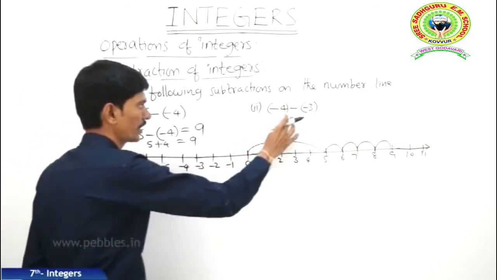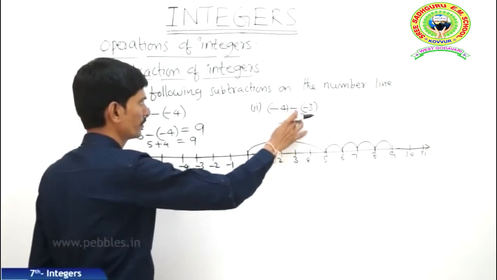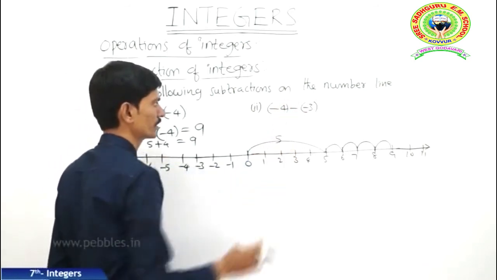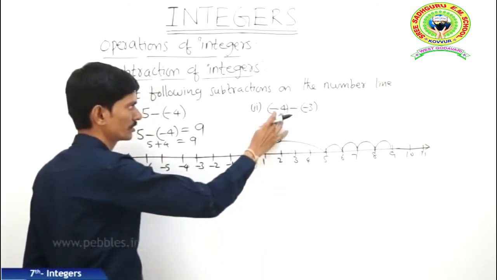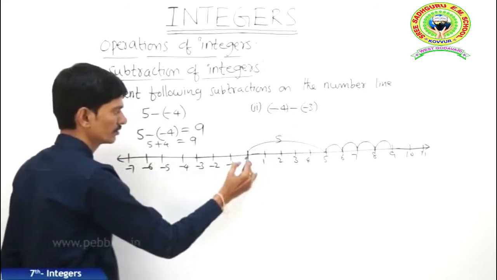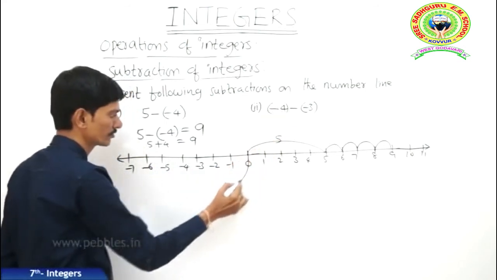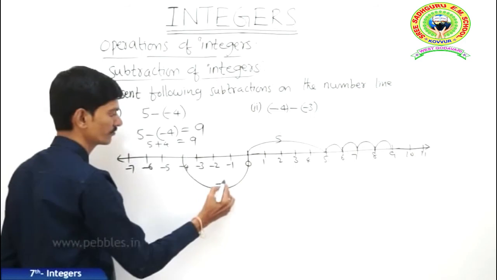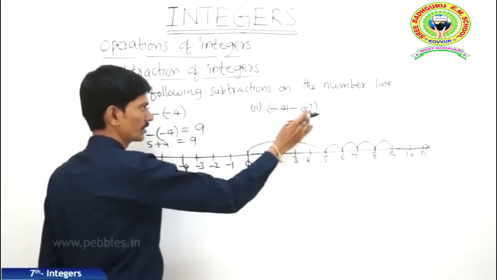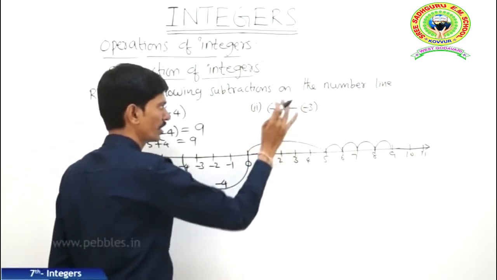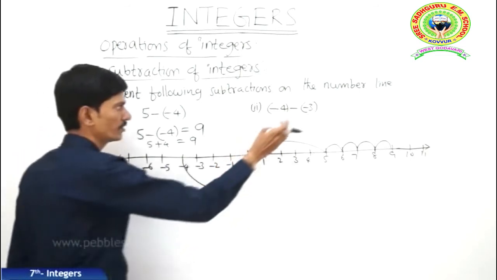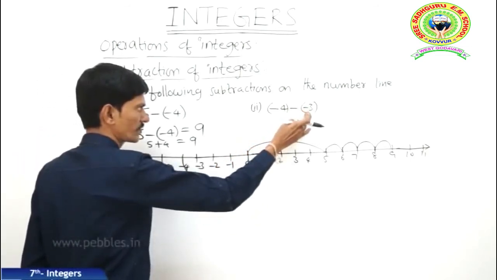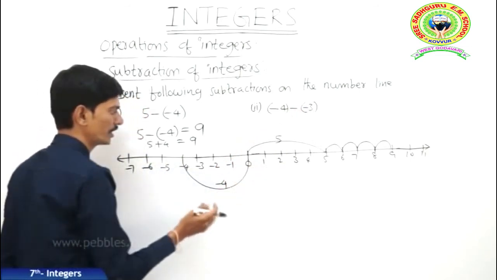And when you subtract a negative integer, again here we move right on the number line. So first let us represent minus 4. So 0 to minus 4. So this is minus 4. So here also we are subtracting a negative integer on the number line. So when you subtract a negative integer, then we move right.